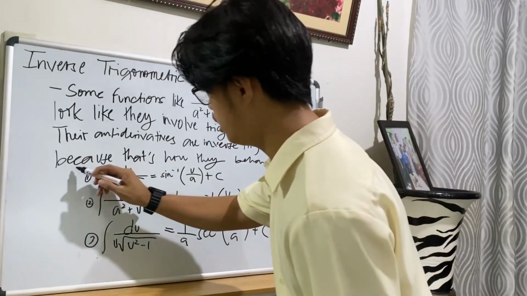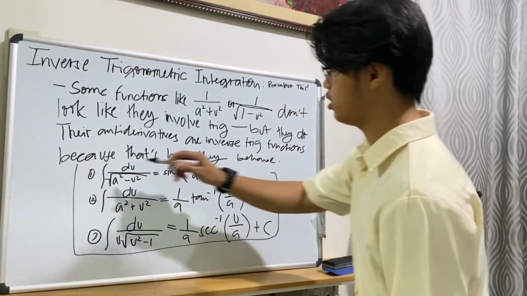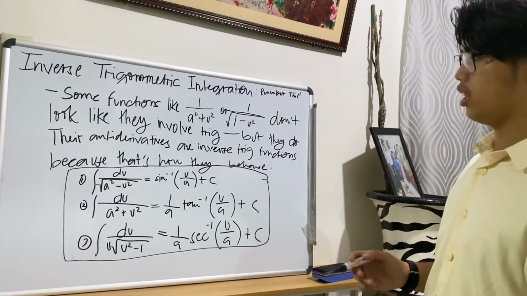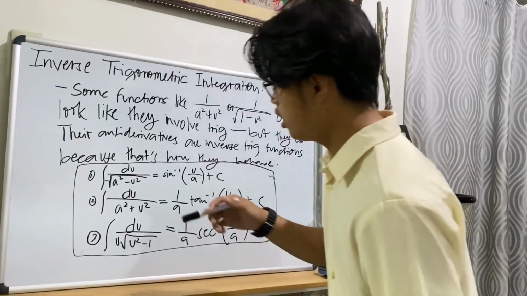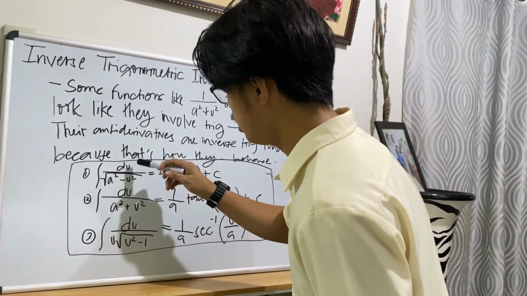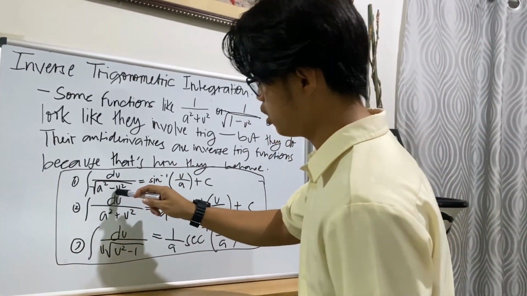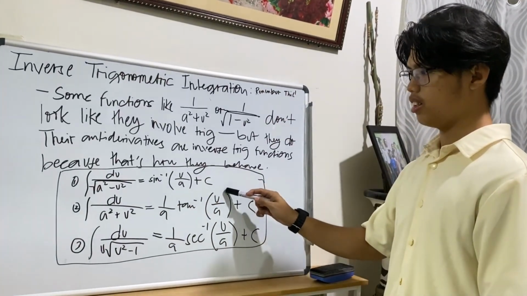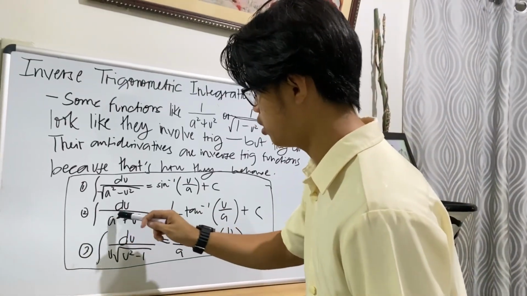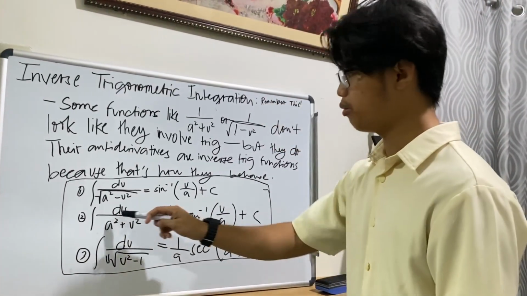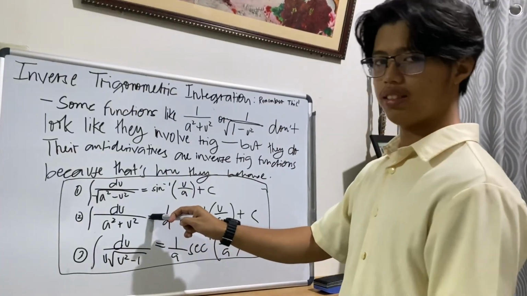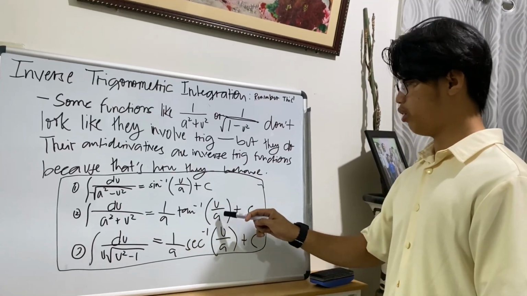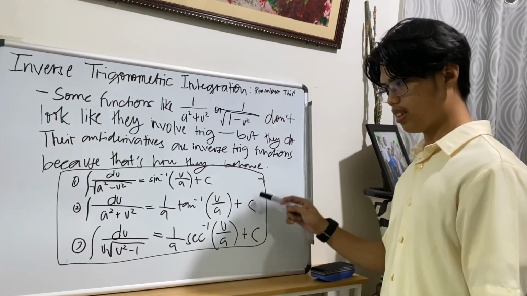So we have here our formulas in order to solve inverse trigonometric integration. Our first is the integral of du over the square root of a squared minus u squared is equal to arc sine u over a plus c. Equation number 2 is the integral of du over a squared plus u squared is equal to 1 over a arc tan u over a plus c.